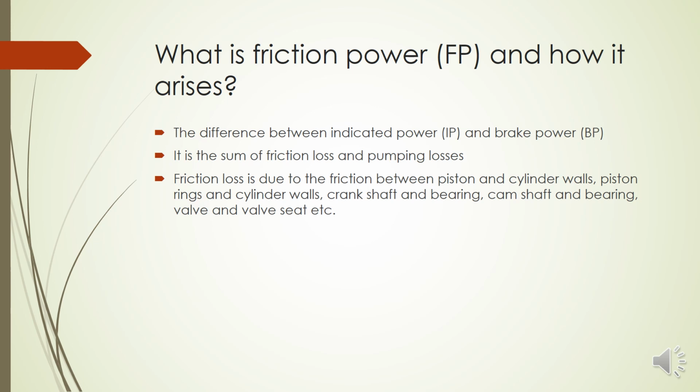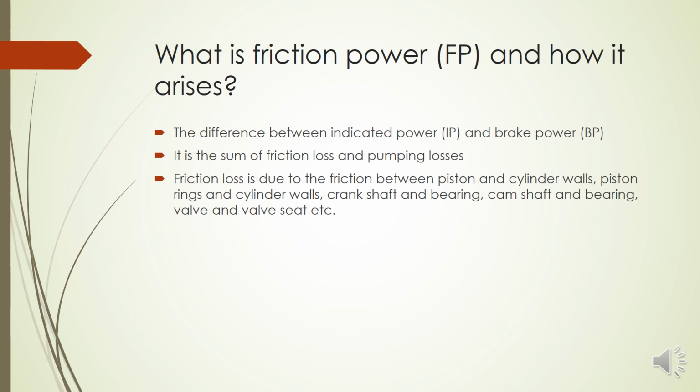The friction will come into play wherever there is relative movement. That means between the piston and cylinder walls, between the piston rings and piston, and between the crankshaft, camshaft, bearings, valves, all the moving parts will contribute friction. So this is known as the friction loss.